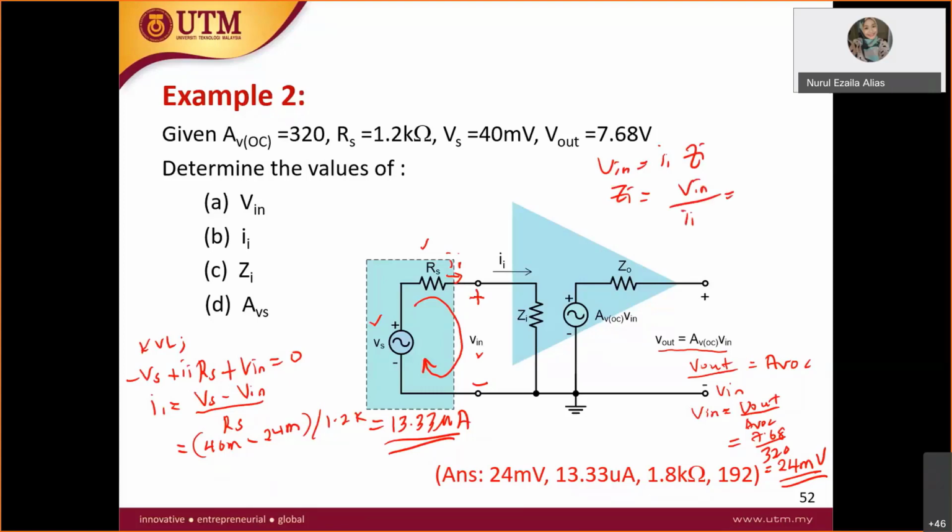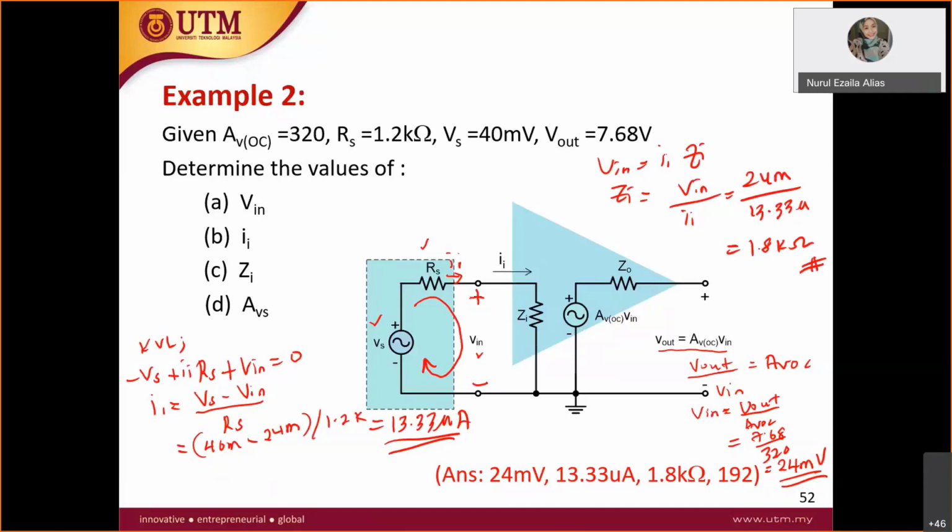So V in is 24 millivolt, I in is 13.33 micro. Can someone help me to calculate here? How much is that? Is it correct? 1.8K? Yes, madam, correct. Okay, great. Zian said, now I get it.